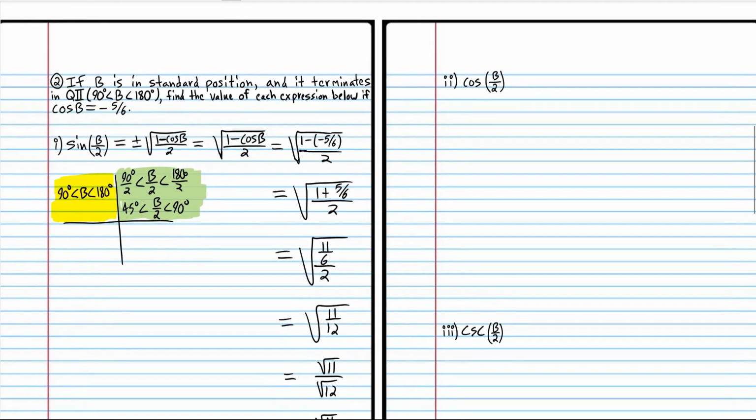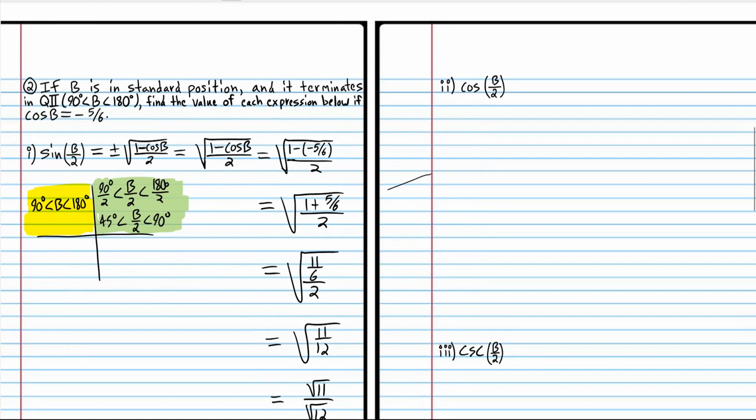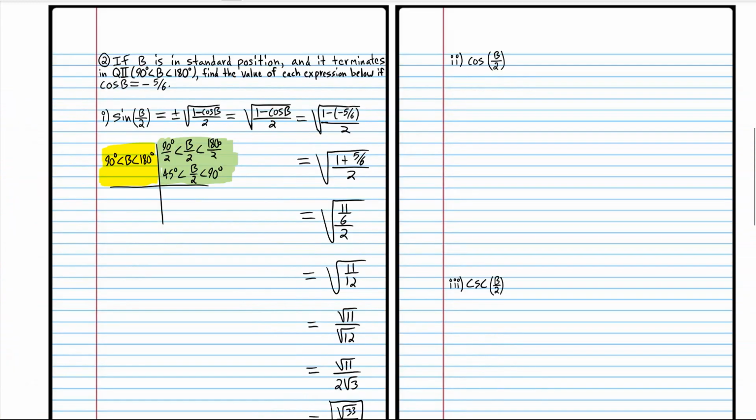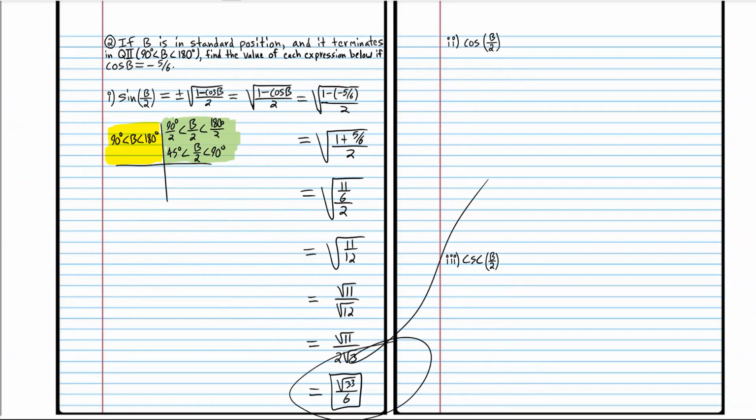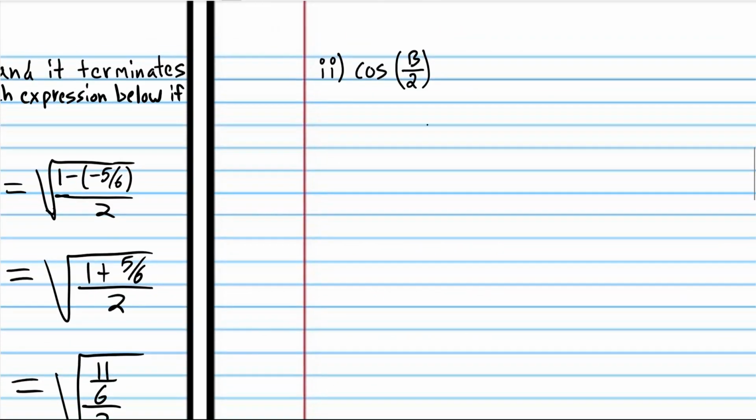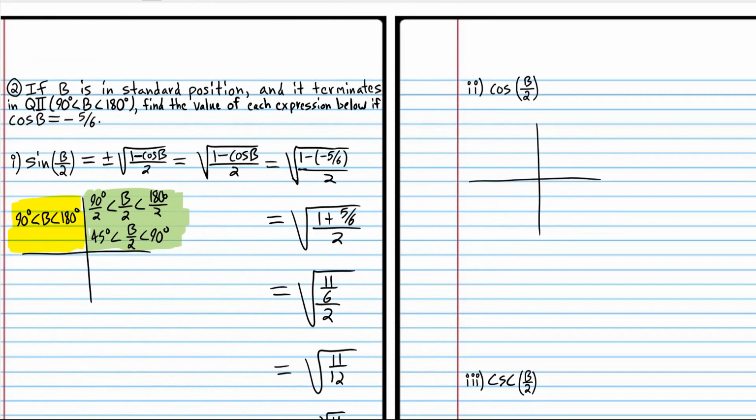Instead of using another half angle formula, I'm just going to use this information here and the ratio that we found for sine B. So I'm going to draw a hypothetical triangle. We're told that the triangle terminates in quadrant 1. That's what we discovered over here.